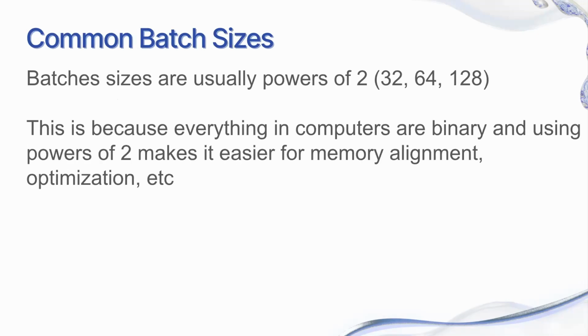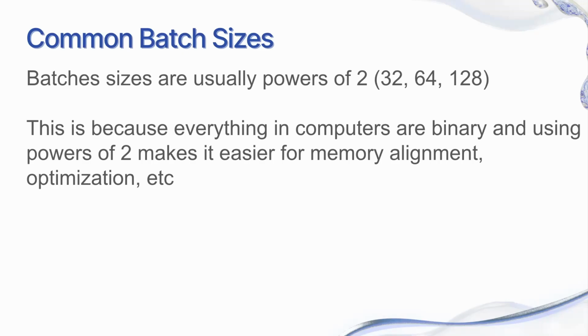And some common batch sizes, if you've trained a neural network, you'll usually see are 32, 64, or 128, so powers of 2. Why are we picking these? Well, computers are binary, so it mainly comes from a computer perspective.